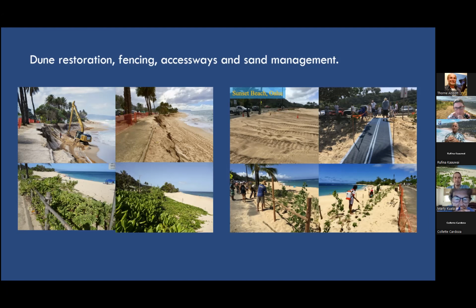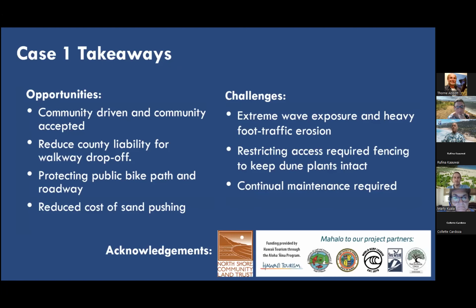We had this orange construction fence you can see in the image that was replaced by a wood perimeter fence that simply told people, please stay out of the area. It's a dune restoration. Now the vegetation is pretty well established, largely because there isn't foot traffic erosion over it. The key was keeping people off the dune and having the access ways built in.